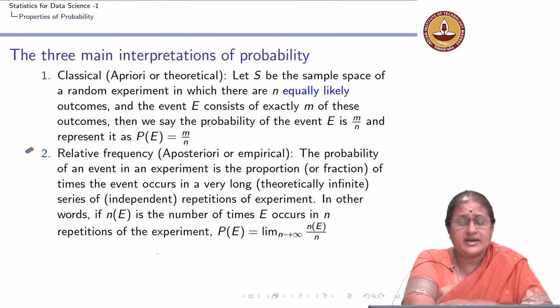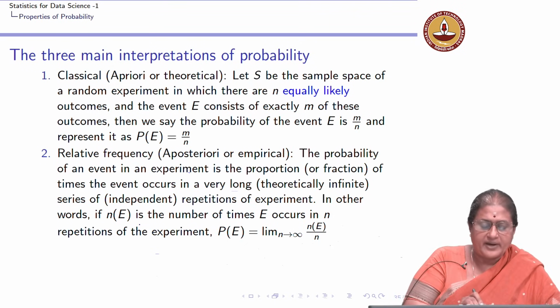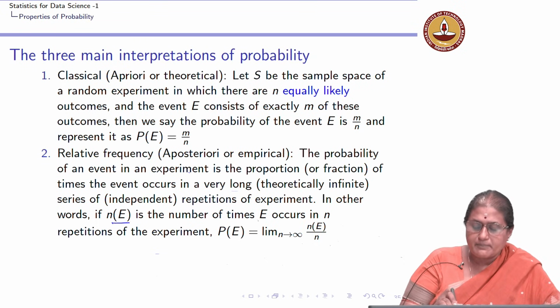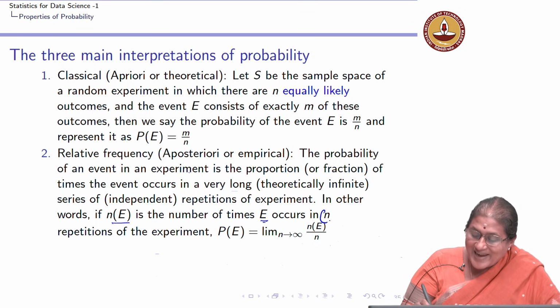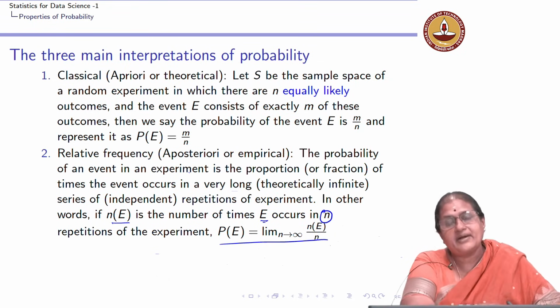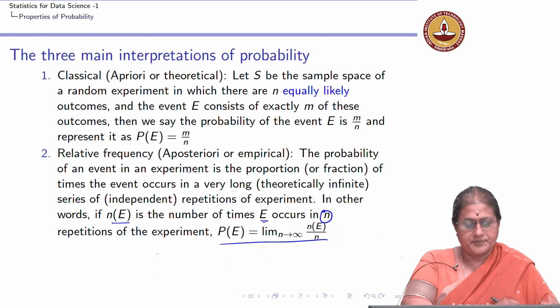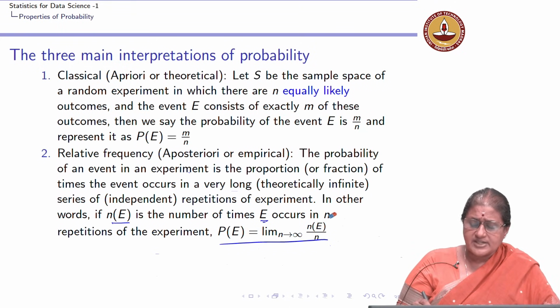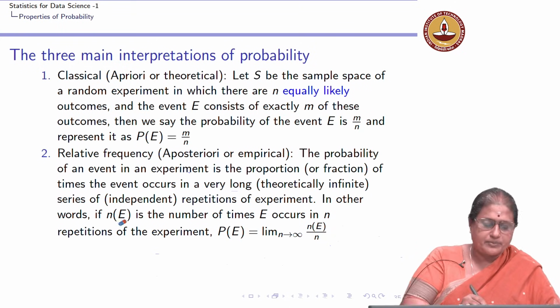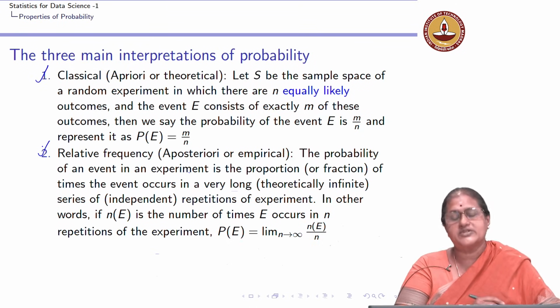However, the idea is: if I repeat a particular experiment independently and n is the number of repetitions, and E occurs some number of times in n repetitions, then the probability of E is the limit as n tends to infinity of the number of times this particular event occurs to the total number of repetitions. So, this is the next approach. We started with the classical approach and then the relative frequency approach.